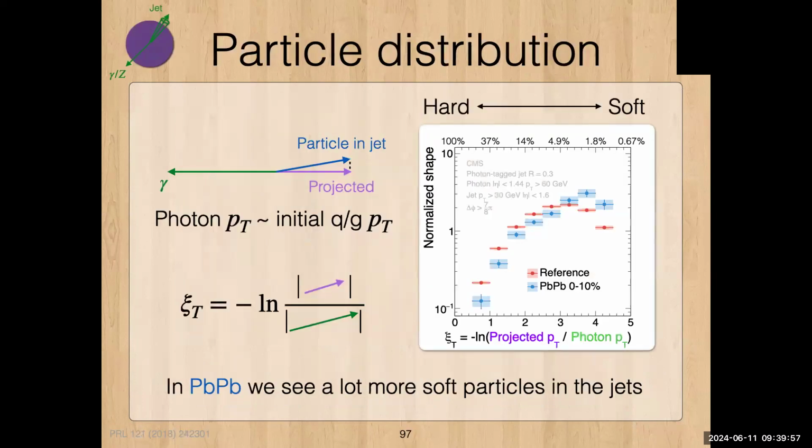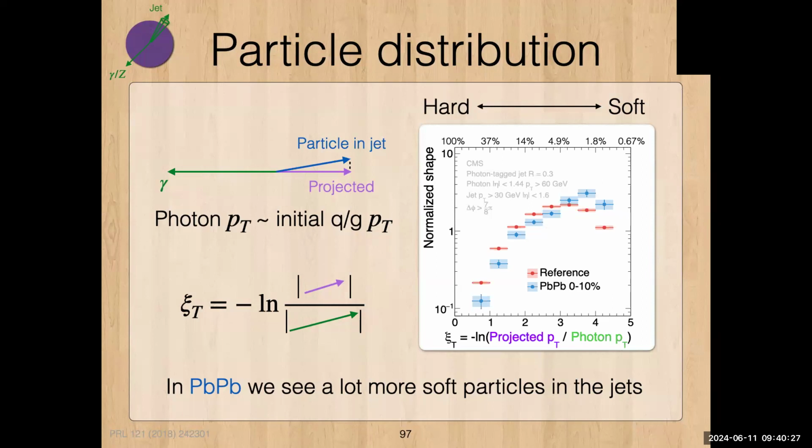We can also take a look at the particle distribution inside the jets. This is essentially the fragmentation function, the distribution of the momentum of the particles inside the jets. Here we plot xi, which, if you flip it over, is the zeta from before. 0 means that the particle carries 100% of the jet momentum, 1 means that it carries 37%, and so on.